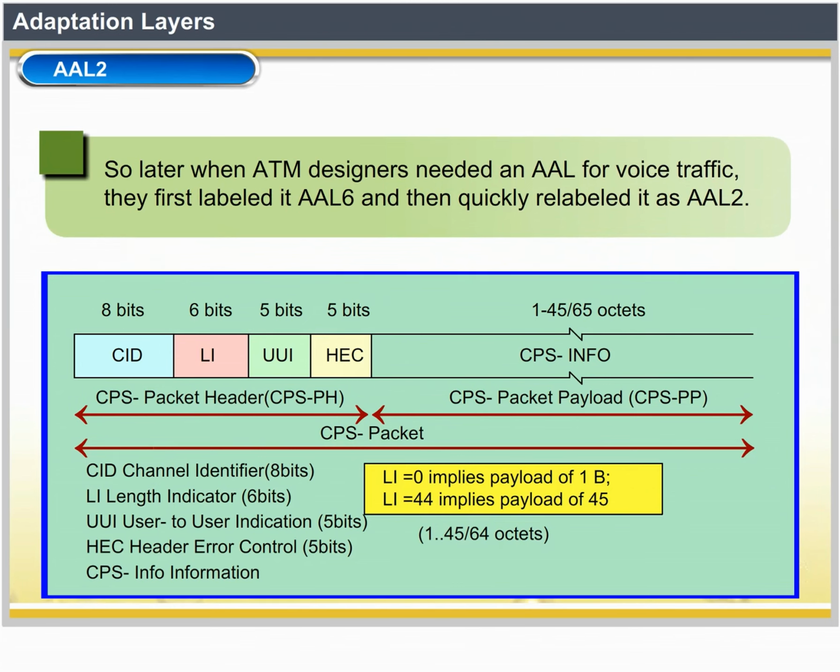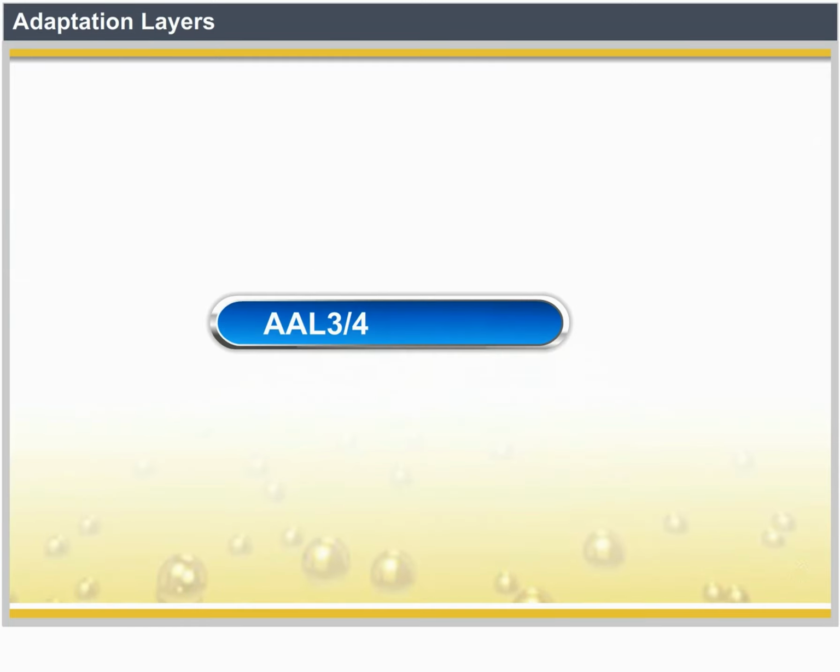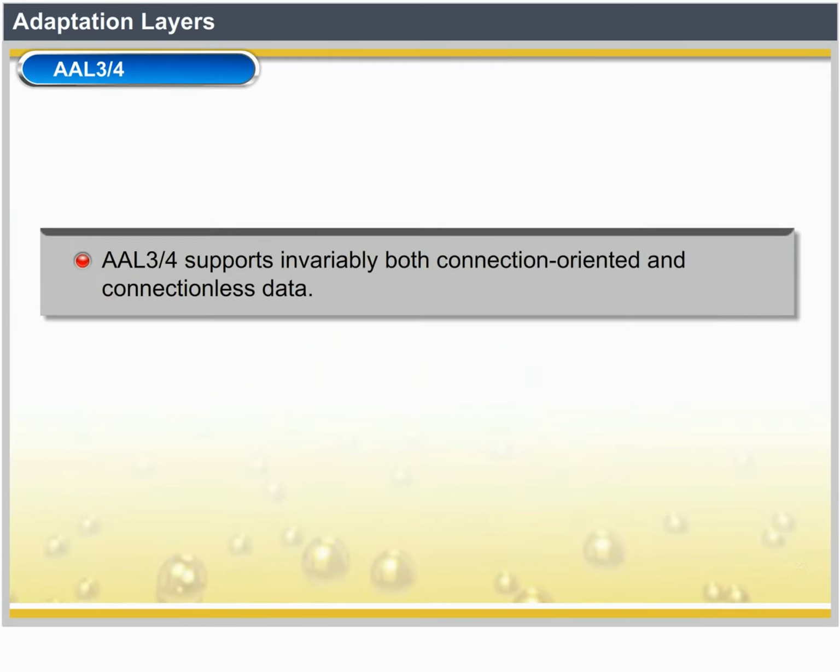AAL 3/4 prepares a cell for transmission in 4 steps. 1. The convergence sublayer, CS, creates a protocol data unit, PDU, by prepending a beginning end tag header to the frame and appending a length field as a trailer. 2.